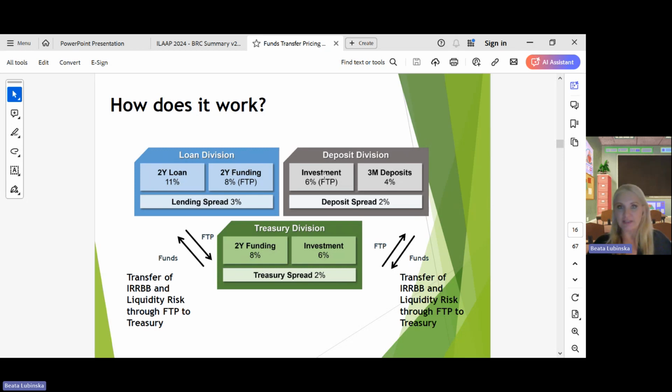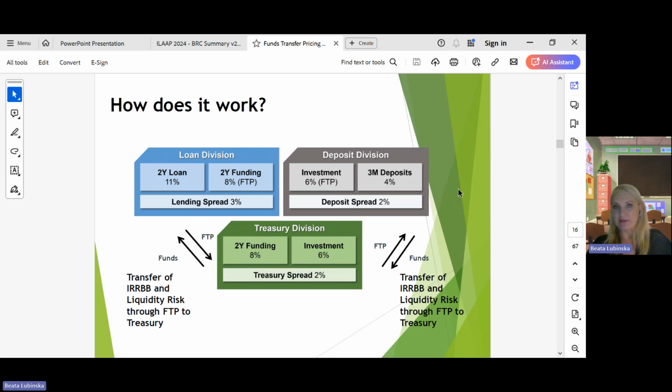Therefore, we are providing here the 3 months FTP rate, and the business unit, the deposit center, has the profit, which is determined by the difference between 6% and 4%, which is 2%.